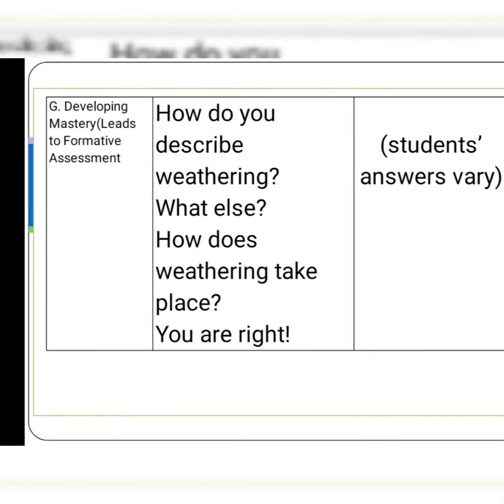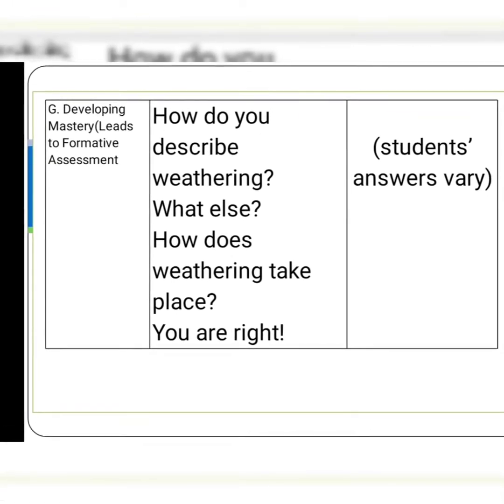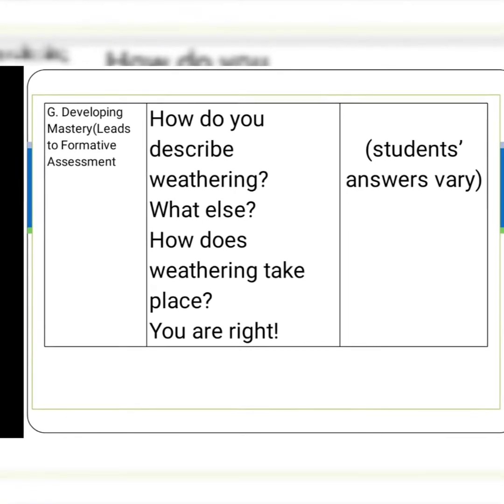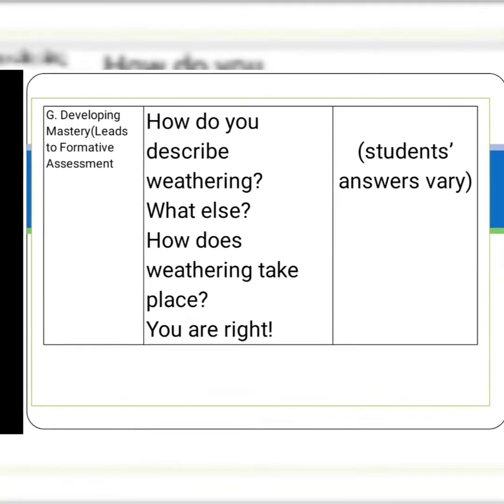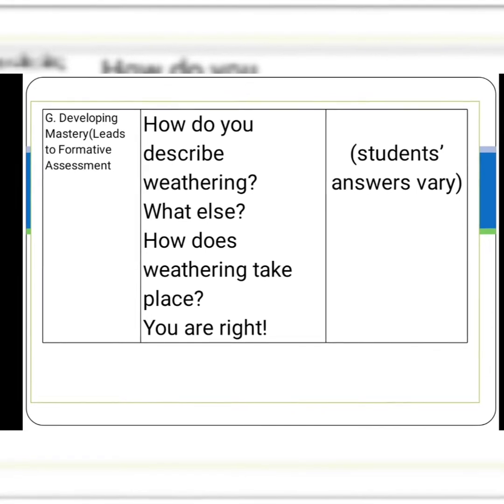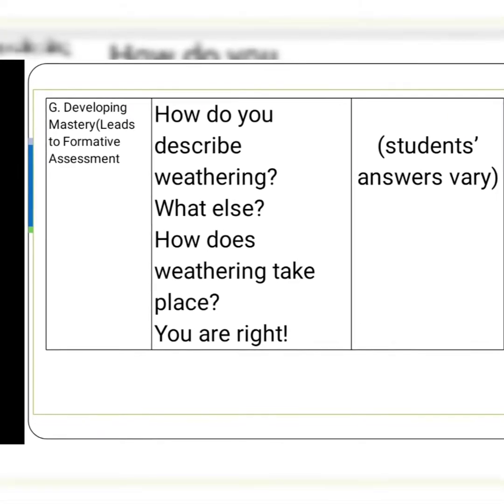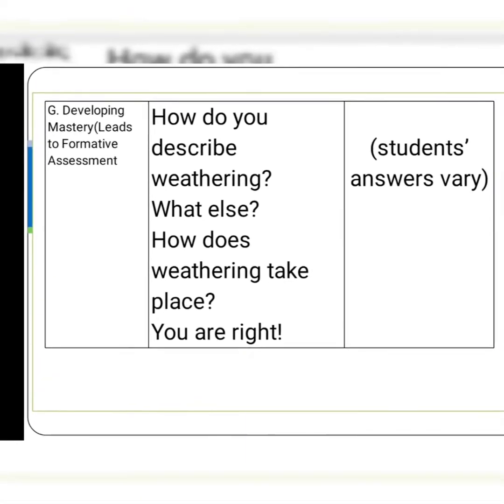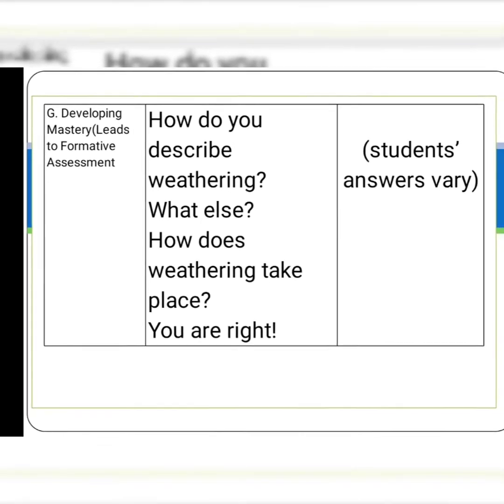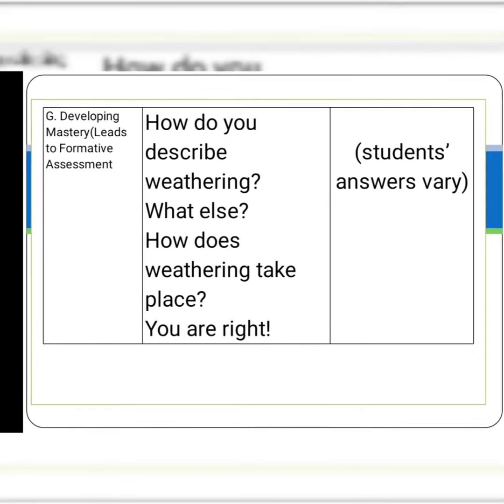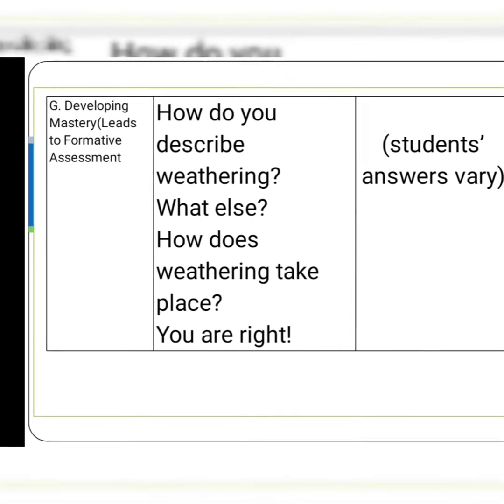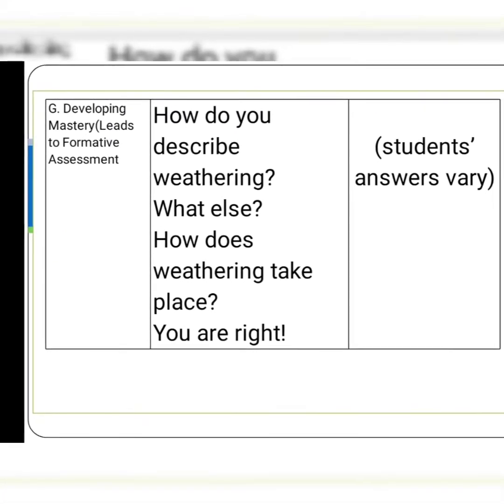So after letting the students do the activity, you have to ask questions that will lead them to a formative assessment. It's like in other formats, it's like application or abstraction or analysis of the lesson.